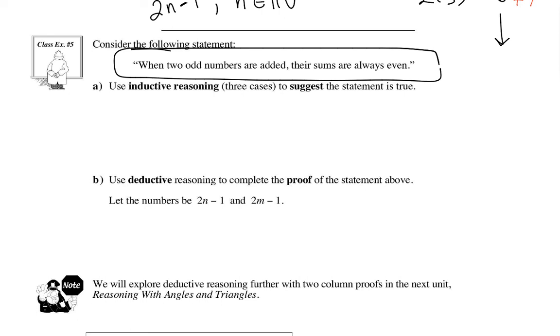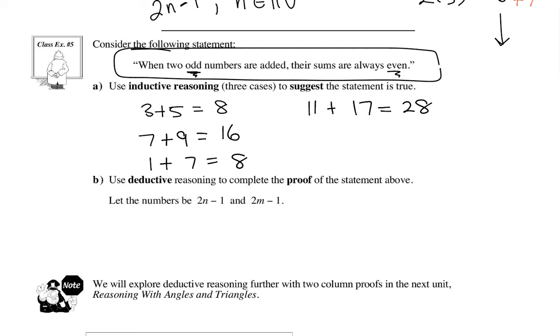Let's try that inductively by just trying. 3 plus 5 is 8. 7 plus 9 is 16. 1 plus 7 is 8. I could do this until I keeled over from dehydration. 11 plus 17, 28. You just have to add up two odds, and you should always get an even.